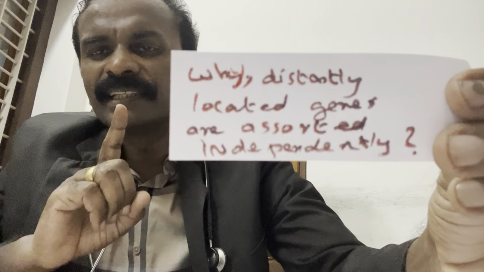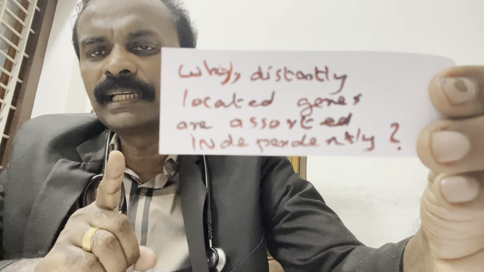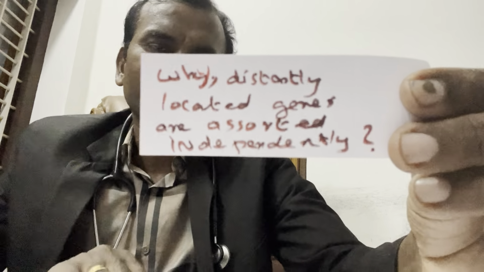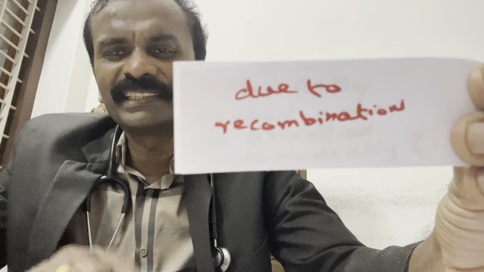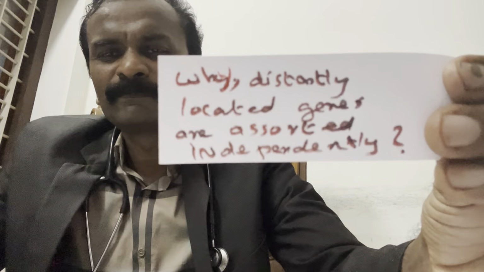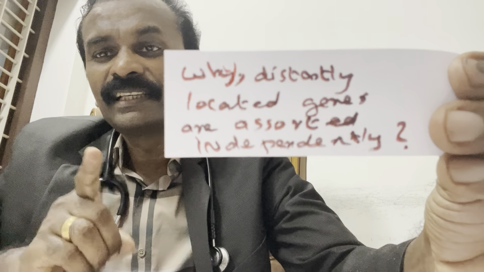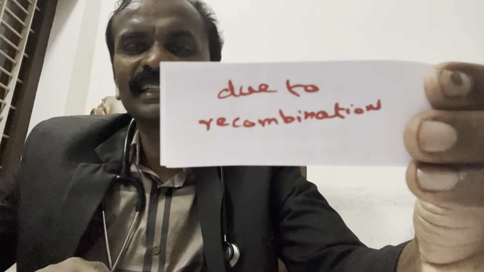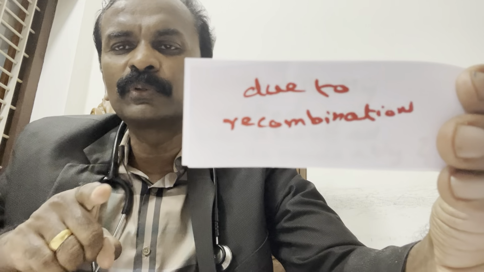Why are distantly located genes assorted independently? The answer is recombination. Why did I tell you three times? This is a question repeated multiple times.